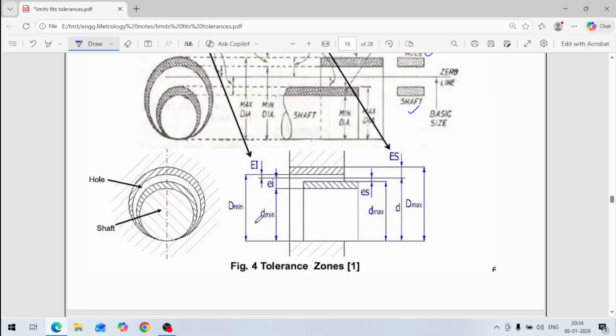So in this figure also, here it is given ES and EI. ES is upper deviation and EI is lower deviation. In case of hole, this is your diameter D, D is the basic size, and here it is EI, lower deviation, and ES is the upper deviation. Similarly, in case of shaft, this is EI, lower, and ES is upper deviation.